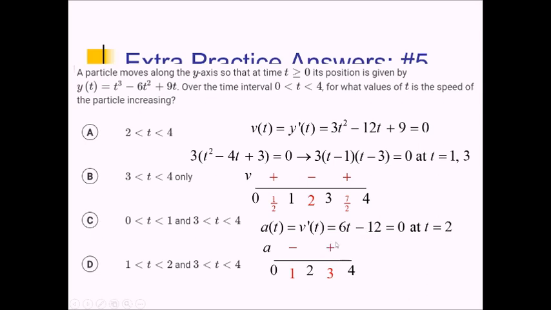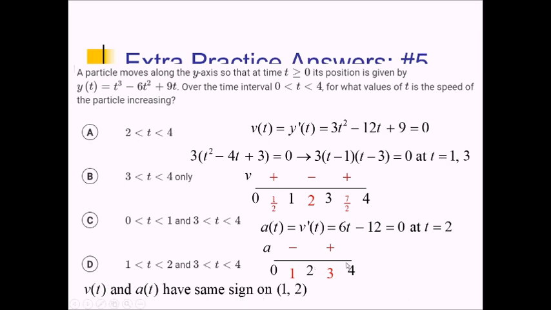And now I have to compare these two number lines and figure out where we have the same signs. So let's see, from 0 to 2, a is negative, and v is not negative until you get to 1. v is negative from 1 to 3. So at least from 1 to 2, they're both negative. So I'm going to put that on there. v and a have the same sign from 1 to 2.